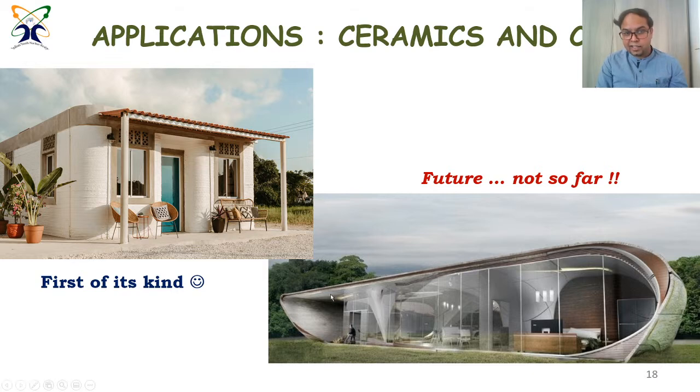And the first image on your left is a very primitive kind. You can say, oh, this is a very old design, but don't think so. On your right, we have an artist's image. I'm sure you will find that sort of 3D printed house very soon. And here you can see there is a combination of concrete on one side, and the front is made up of glass.